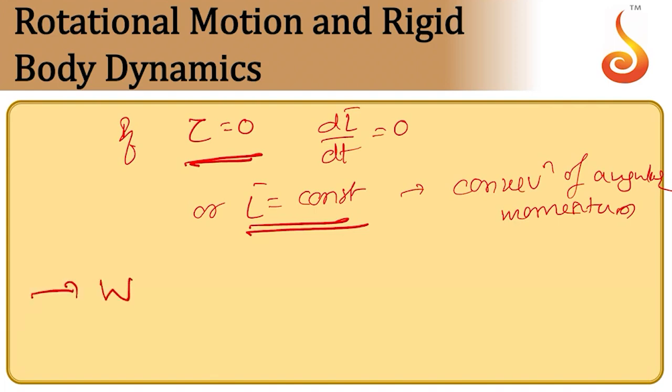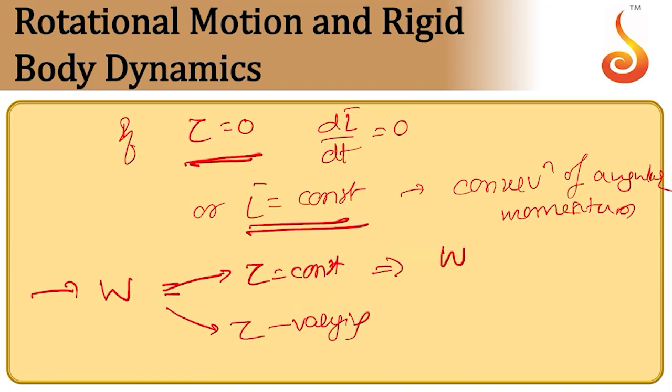Suppose I consider this torque, the torque does a certain amount of work also. How to find that out? If we are supposed to calculate the work, the first thing is to check whether the torque is constant or varying. If the torque is constant, we can simply write work done is equal to tau into delta theta, where delta theta is the angular displacement. Otherwise, it is written as integral tau d theta.